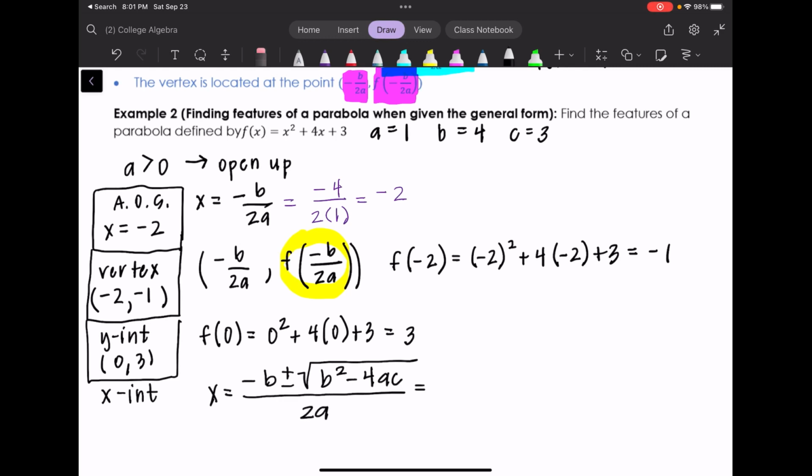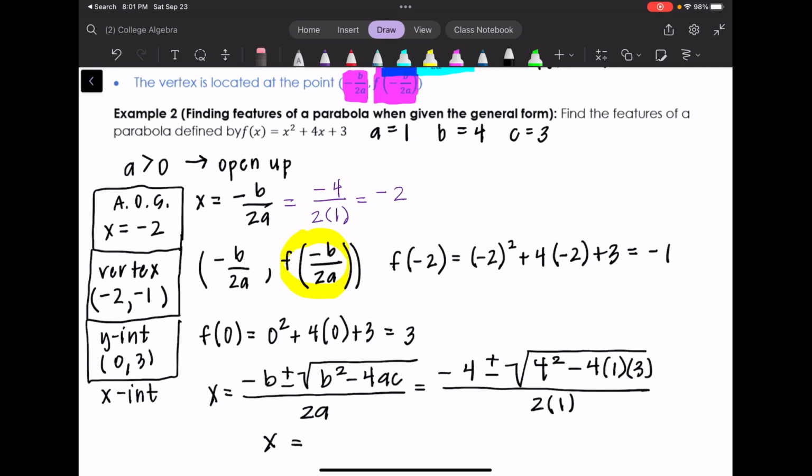Just taking those values from above, we'll have negative 4 plus or minus the square root of b squared, which is 4 squared, minus 4 times a times c, all over 2 times a. You're going to end up with two answers here. One comes from the plus, negative 4 plus all of this divided by 2, and the other comes from the minus, negative 4 minus all of this divided by 2.